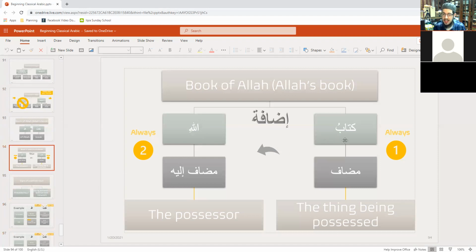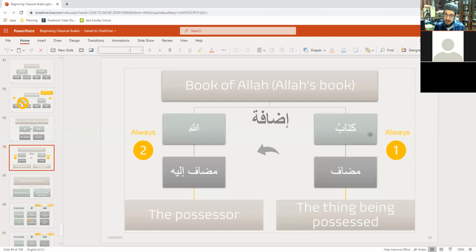The second thing that has to be there always is not the dhamma in kitabu, but the fact that there's not two of them. It's never going to be kitabun, nor is it ever going to have alif lam. That's what is fixed and constant about the thing that's being possessed. It has no alif lam and it has no tanween.